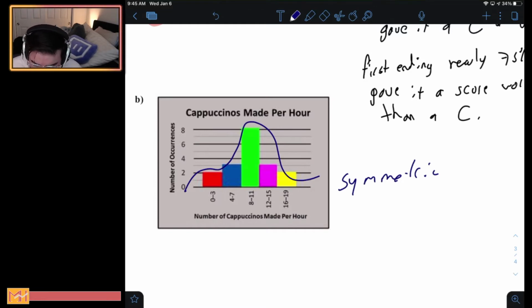I'm just going to make something up, right? The majority of people, you know, they're mostly making 8 to 11 cappuccinos per hour, right? I don't know. There's not much to say here, right?